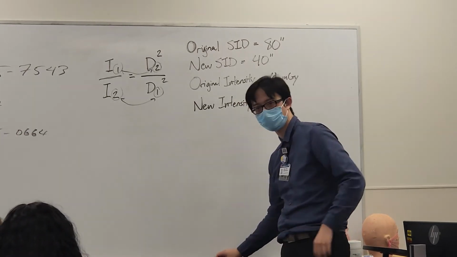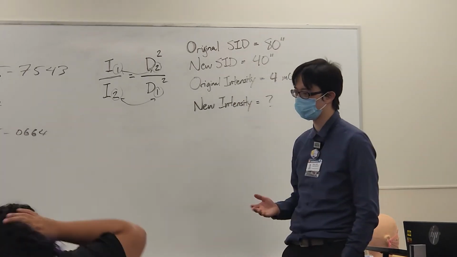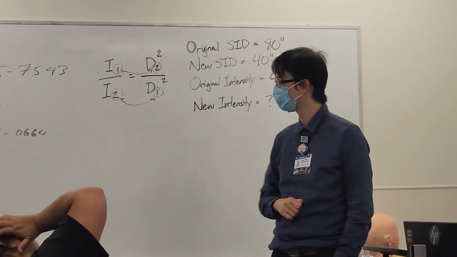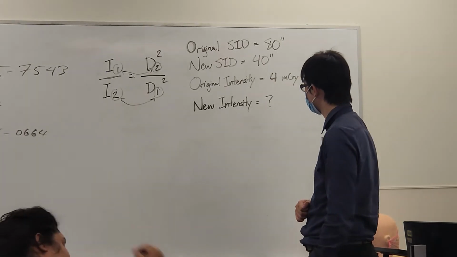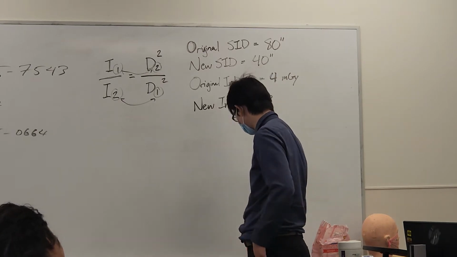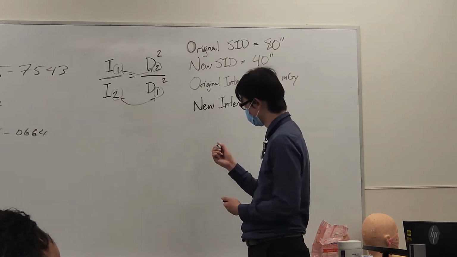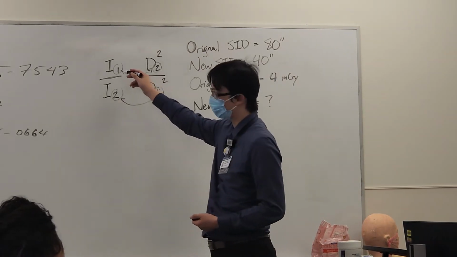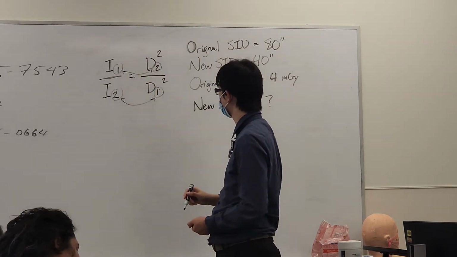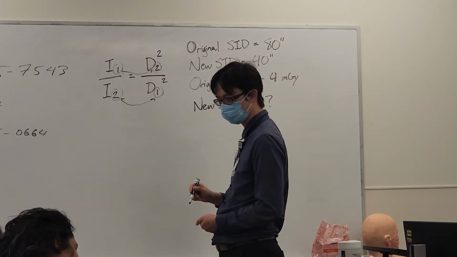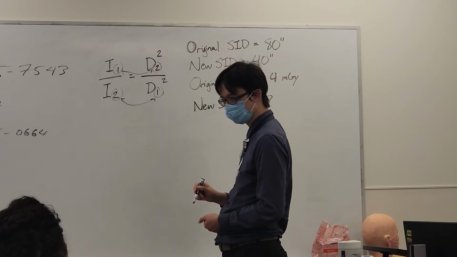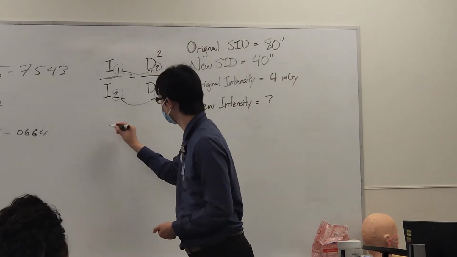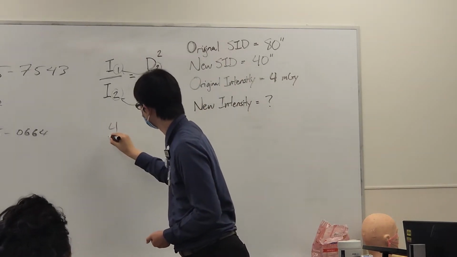How would you solve this, Emily? Let's just start putting things in places. So I1, what goes up here? 4. Great. So up top is 4.